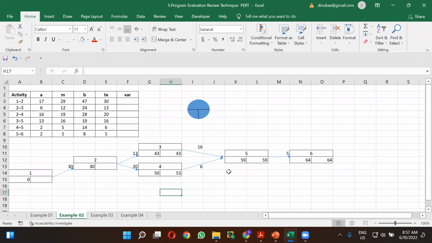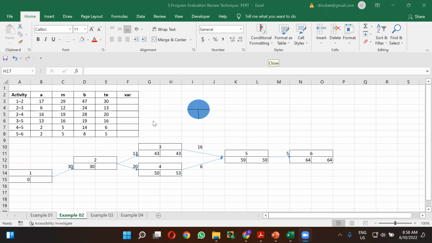So when you are doing the backward pass calculation, you have to take what value? Tell me what is the value that you are going to take for the activity 2? You have to take the lowest value. And what is the value you are taking here for the activity 2?